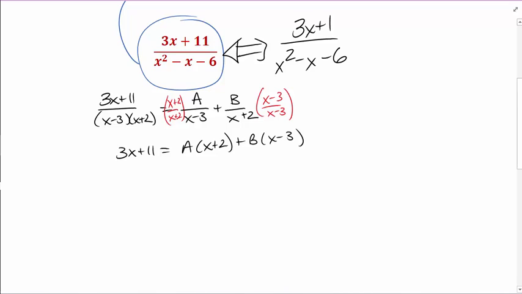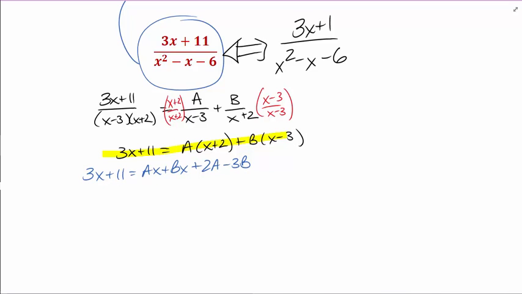From here, I'm going to solve this equation two ways. One is going to be using a systems of equations as we typically know it. In the first method, I'm going to distribute the a and the b, so I get 3x plus 11 equals ax plus bx plus 2a minus 3b. I've distributed and reorganized.